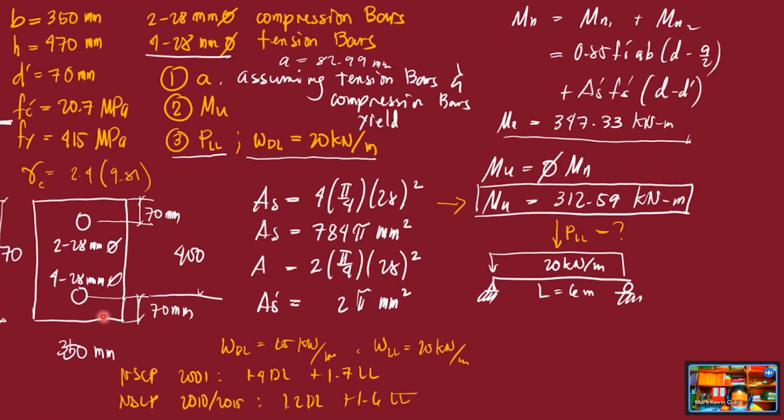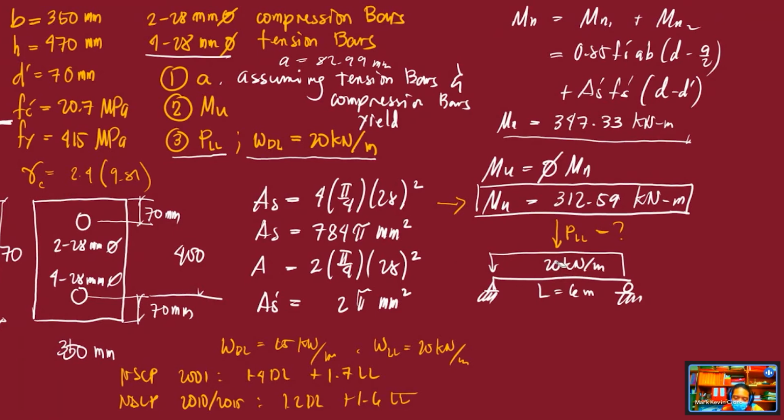You multiply your unit weight by the cross-sectional area of your section. Then you get the load in kilonewton per meter. But in this problem it already includes the weight, so no need to compute for the weight.